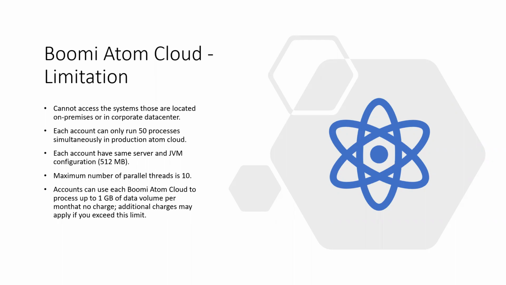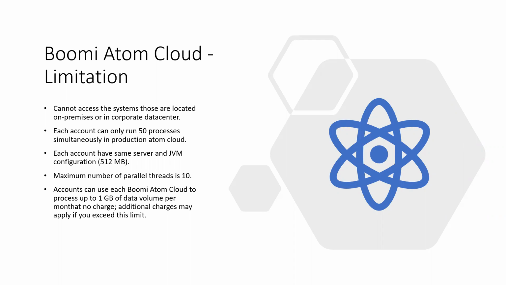Generally, there's one of the biggest limitations with the Boomi Atom Cloud. It cannot connect to the systems or databases which are behind the firewall, in the corporate data center. It will not be able to do that. So Boomi Atom Cloud can only connect to a SaaS-based application or database which is available publicly. That is the biggest limitation.